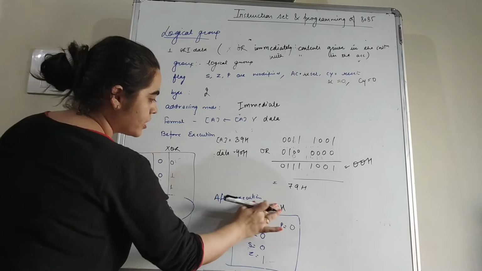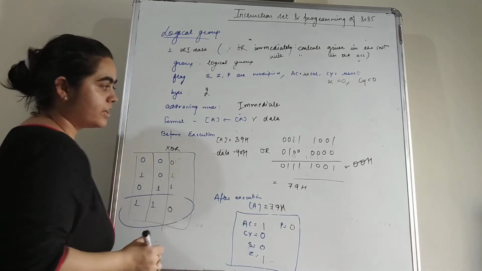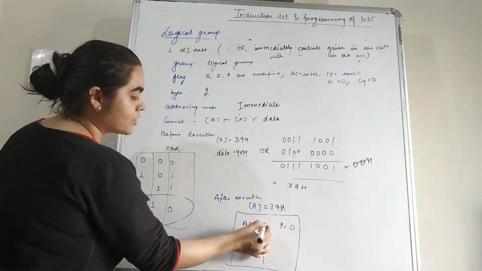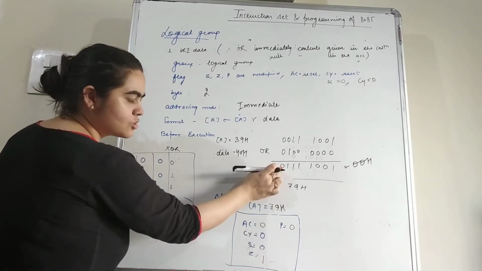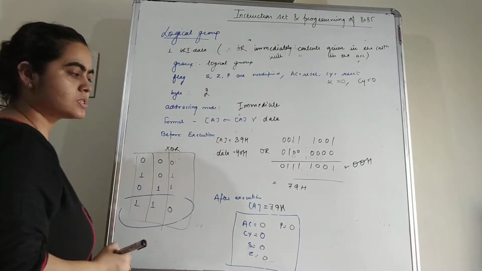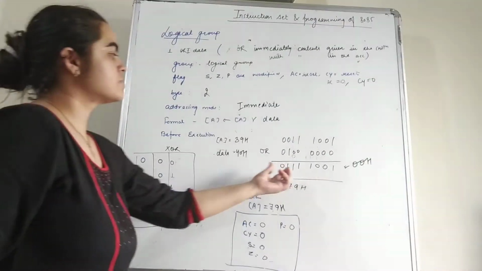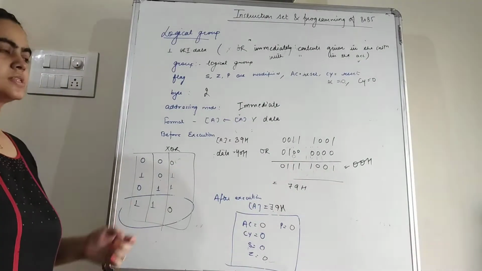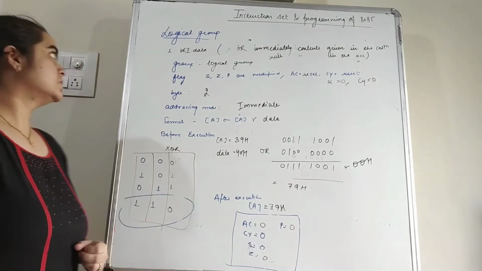So after ORing, the contents of the accumulator are 79H, and auxiliary carry is always reset. Carry is always reset. Sign is 0 because MSB is equal to 0. Zero flag is 0 because the result is non-zero. And parity flag is also 0 because in the result we have odd number of ones, that is 5 ones present in the result. So parity is equal to 0.